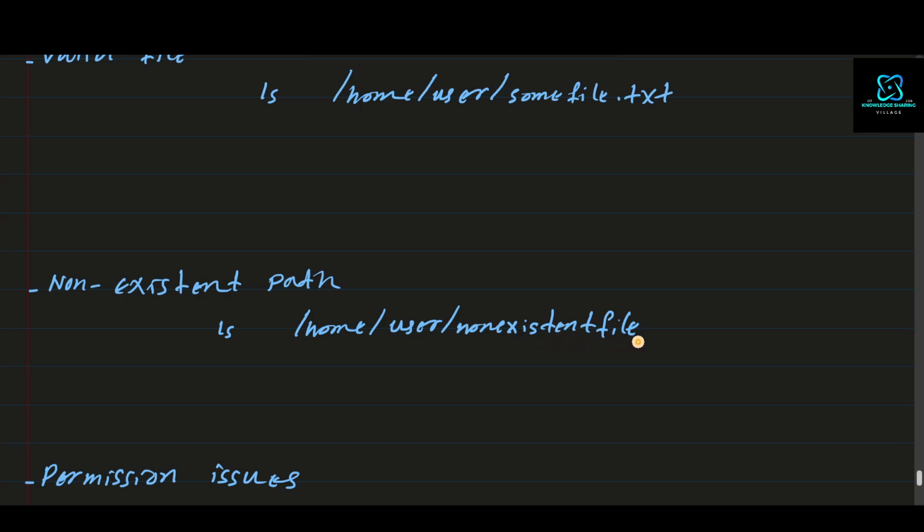Because it does not exist, the output will be an error indicating that this file or directory does not exist. We will see the result in the practical example. To not ruin the surprise, because this file does not exist in our system, the output will be an error which indicates that this file does not exist.